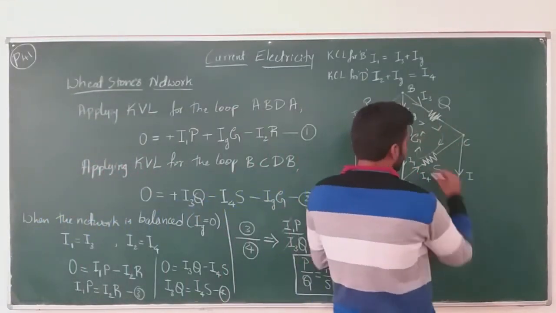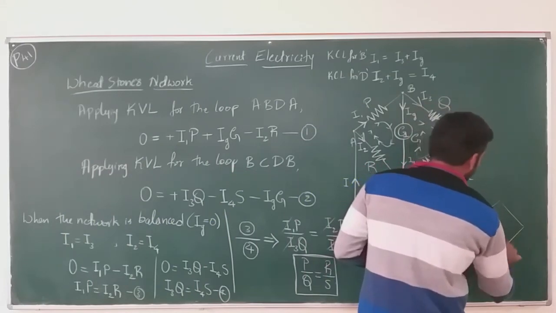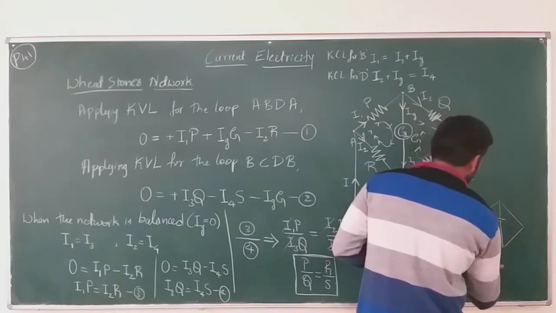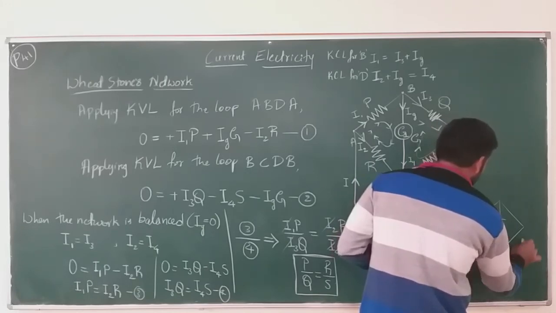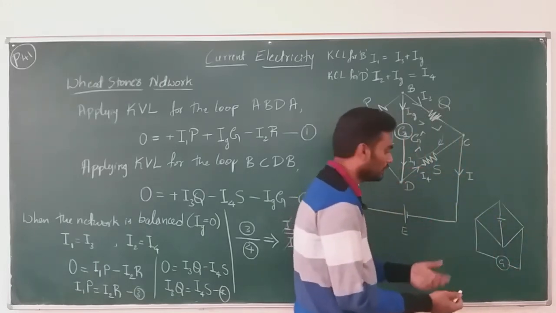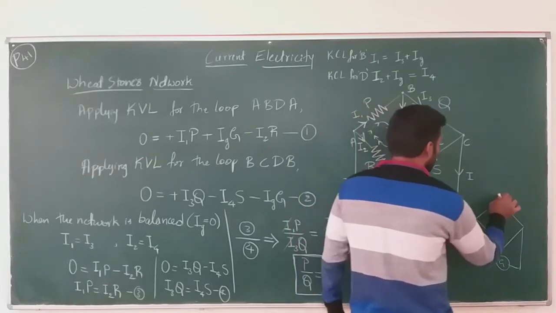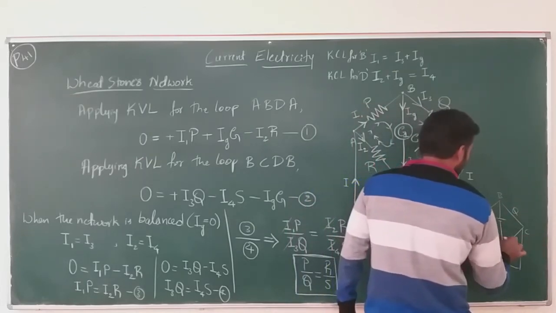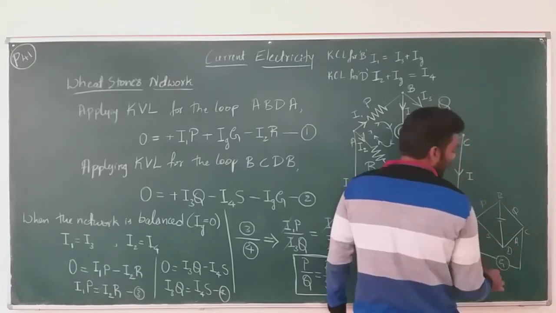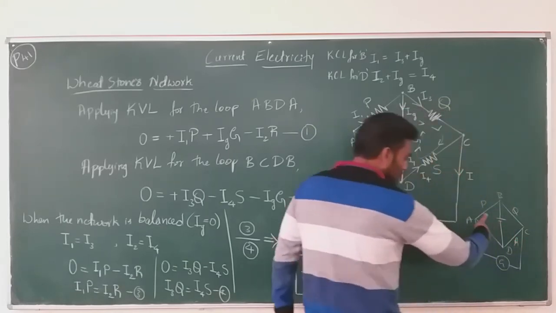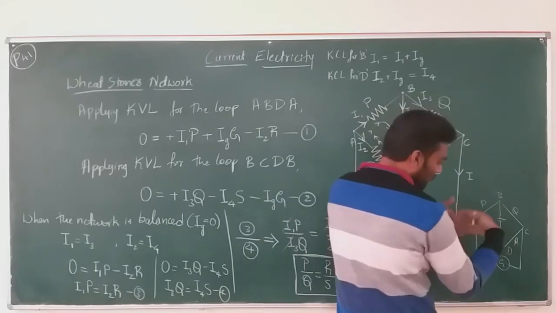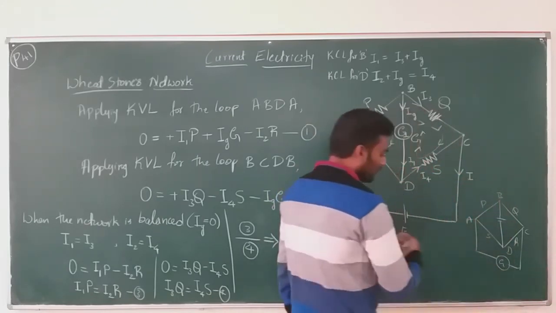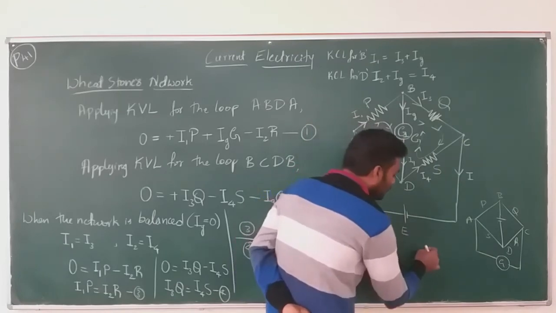See, when I change it, it is somewhat like this, right? Here comes the cell and here comes the galvanometer. This is what changing the circuit means. In the same circuit, AB, CD, PQ, RS, I can just change the way of looking at the circuit. I can just rotate the circuit. That doesn't affect the electrical property.